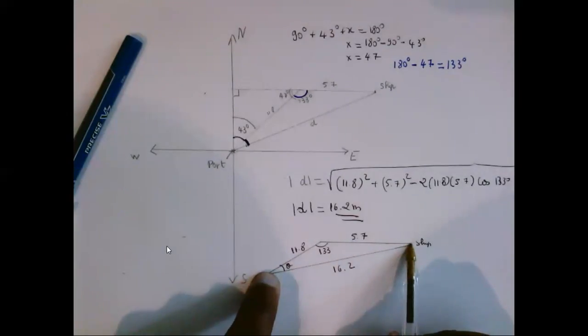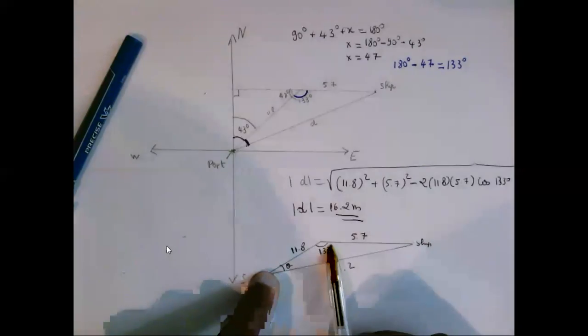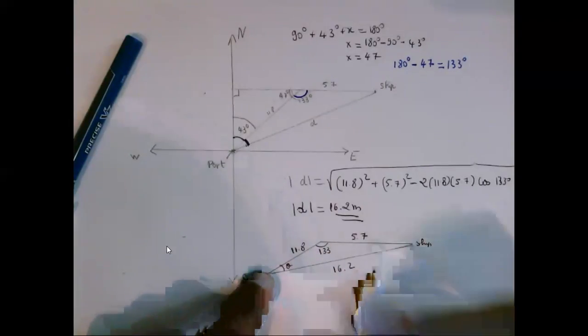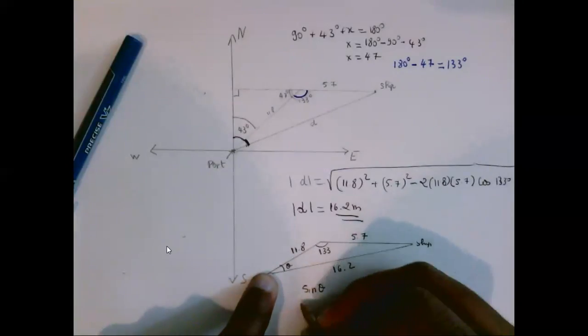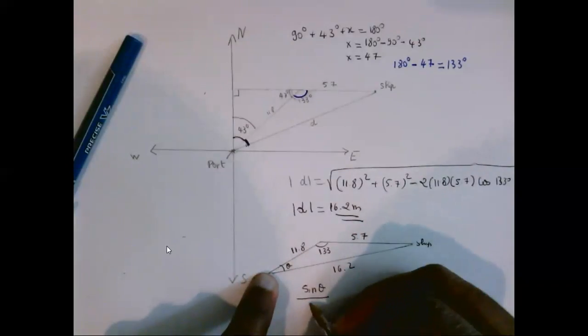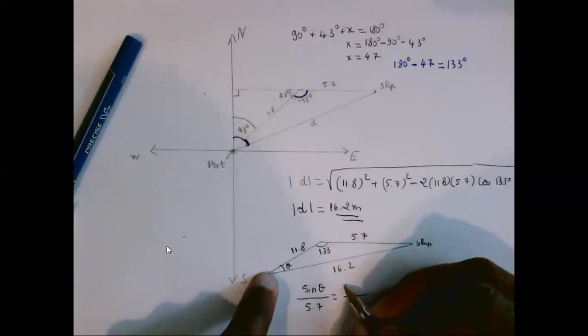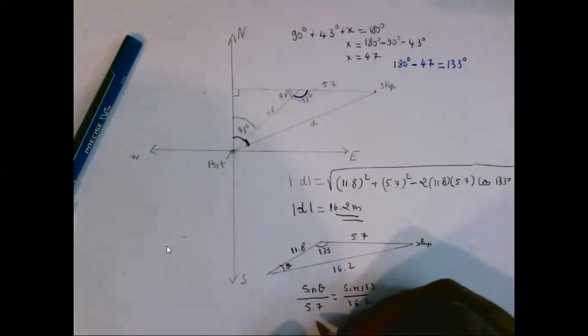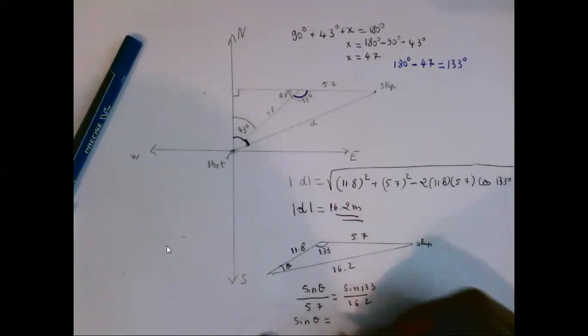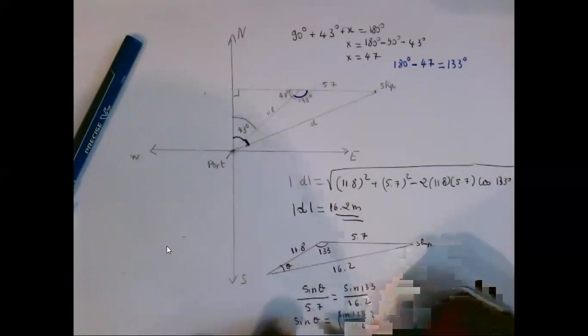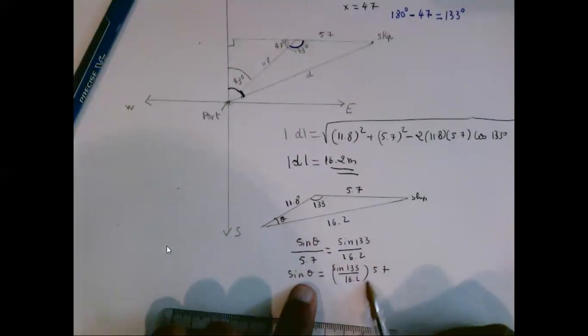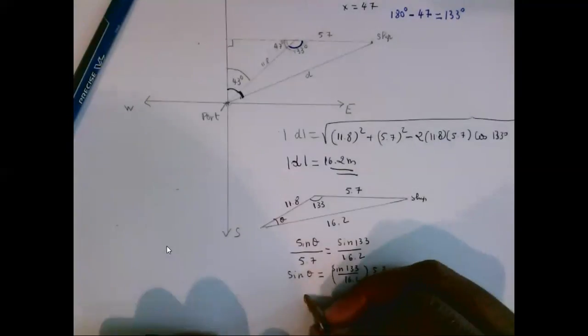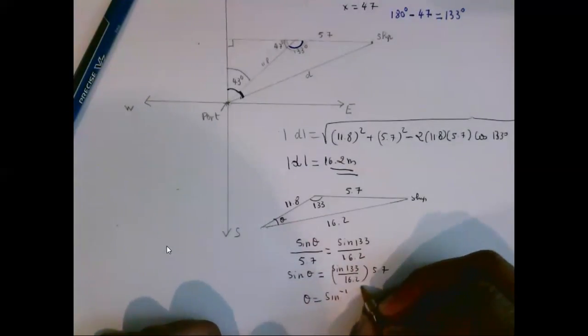So sine of theta will be equal to sine of 133 times 5.7 divided by 16.2, and I'm looking for theta, so I take the sine inverse of all of this.